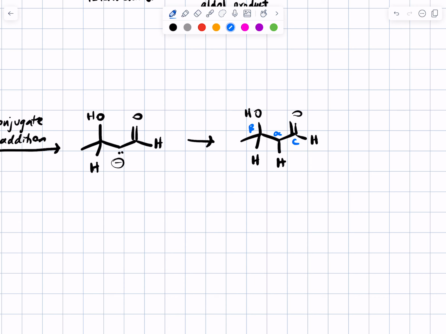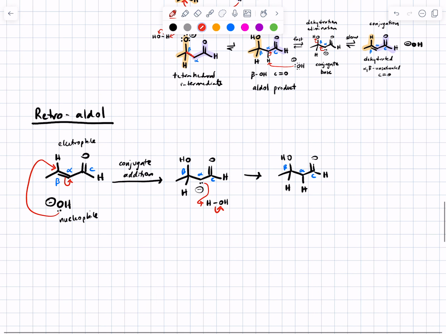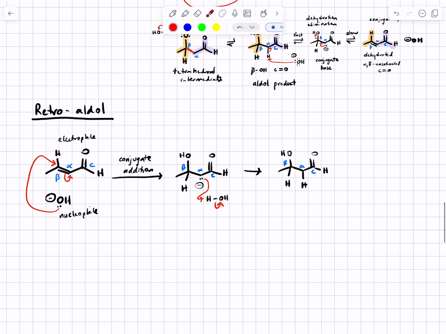Look at the differences between the two, and those differences will tell you exactly what you need to do. So, what do I need to do? I need to get rid of the negative charge on the alpha carbon. You can tell that's true because in the forward reaction, I used OH minus to deprotonate that alpha carbon. We didn't draw it here, but the product of that would have been water.